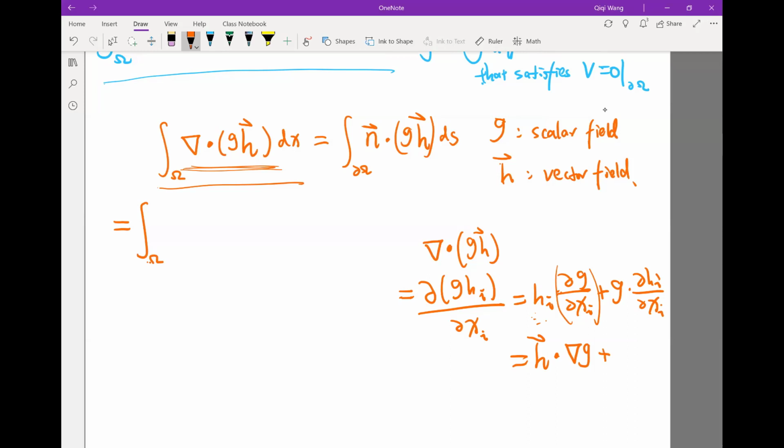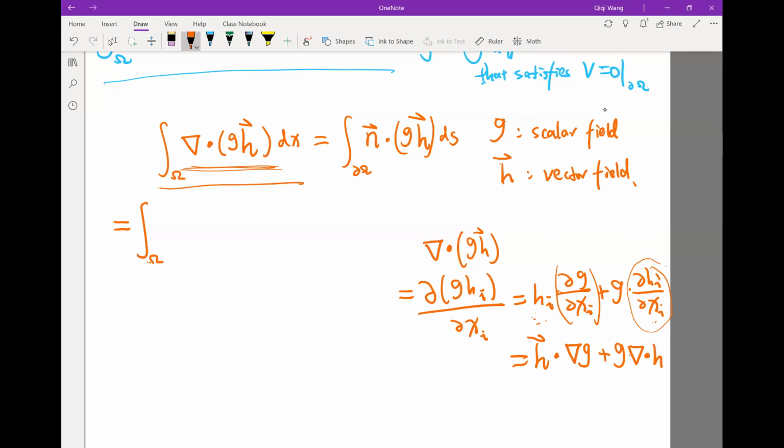And the second term is g, the scalar function, times, what is this in vector form? Summing over repeated indices. Well, again, this is the divergence of the vector field H, right?